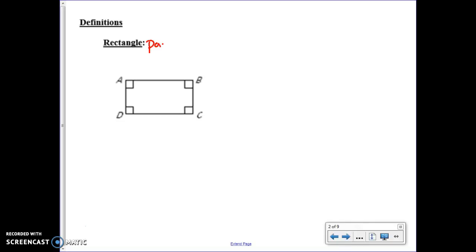A parallelogram with four congruent angles is a rectangle. And so we know those congruent angles are really right angles. So a parallelogram with four congruent angles is a rectangle.